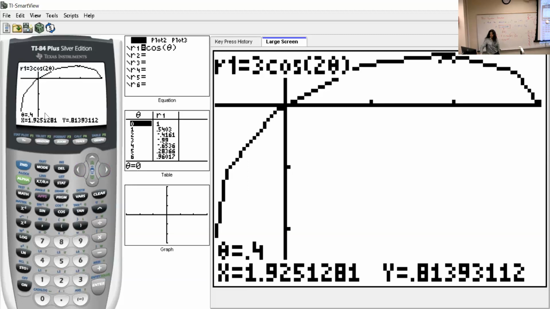Okay, so previous step, x was 2.708, y 0.5489. Then I ended up getting 1.925 and 0.8139 for x and y. What happened to the radius?